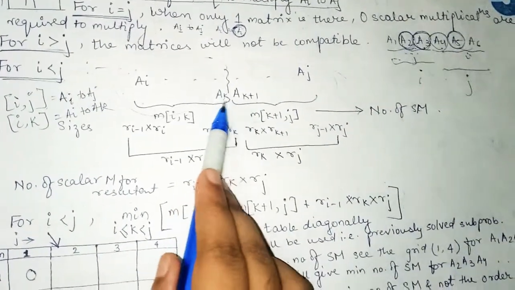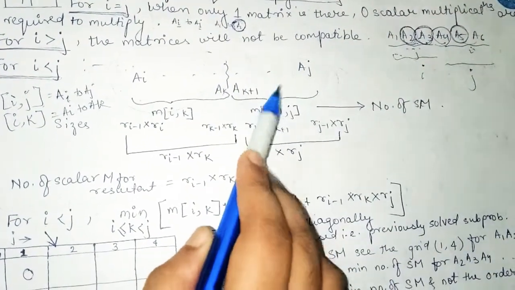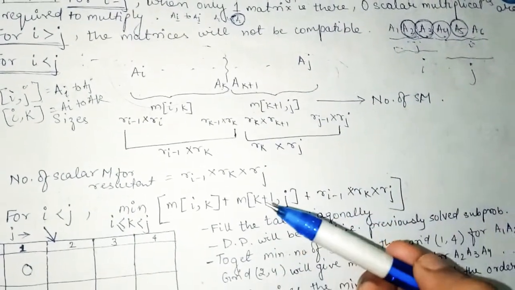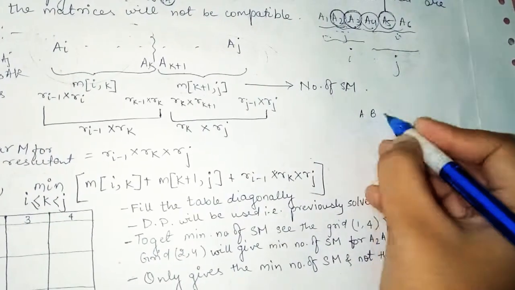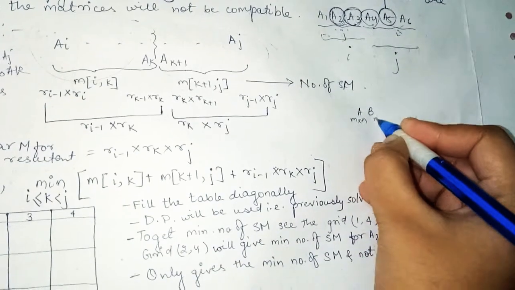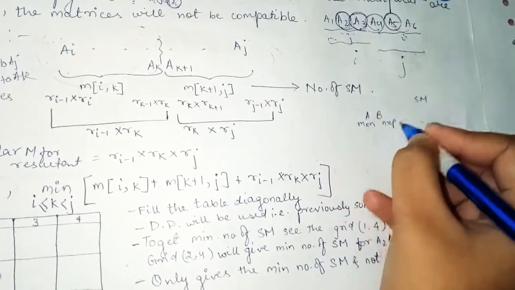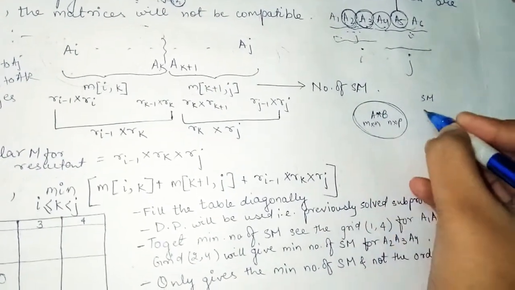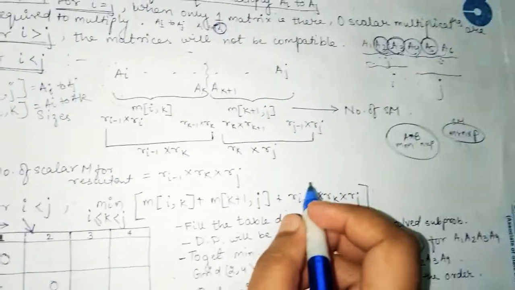Ultimately this whole has to be combined with this whole. We know that when multiplying A and B of size m cross n and n cross p, the number of scalar multiplications involved in this multiplication is m into n into p.